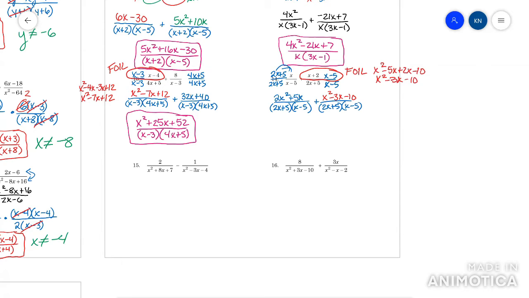Now you can combine the numerators. 2x squared plus x squared makes 3x squared. 5x minus 3x is 2x. And then you have that minus 10. And it's over the common denominator.